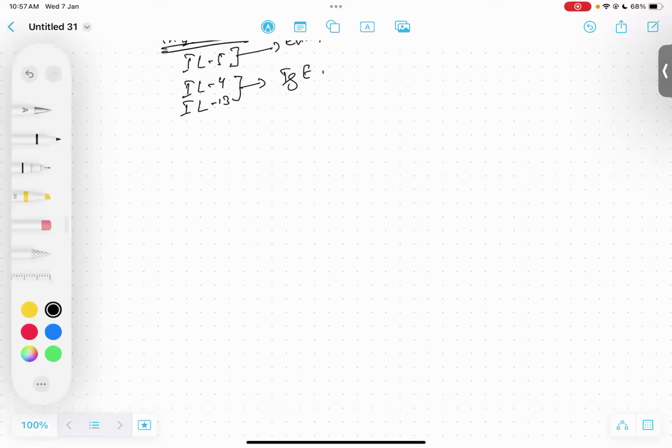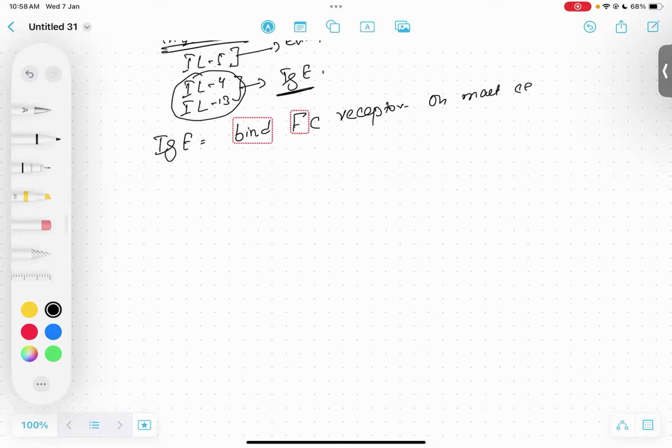Of these, two are associated with production of IgE, and this IgE will then bind with the Fc receptor on mast cells and basophils. So this is the sensitization process.